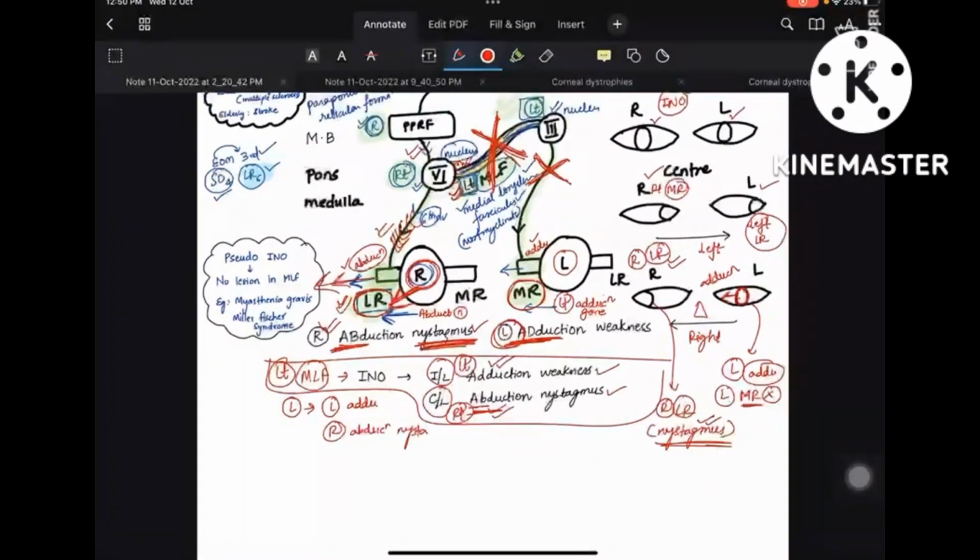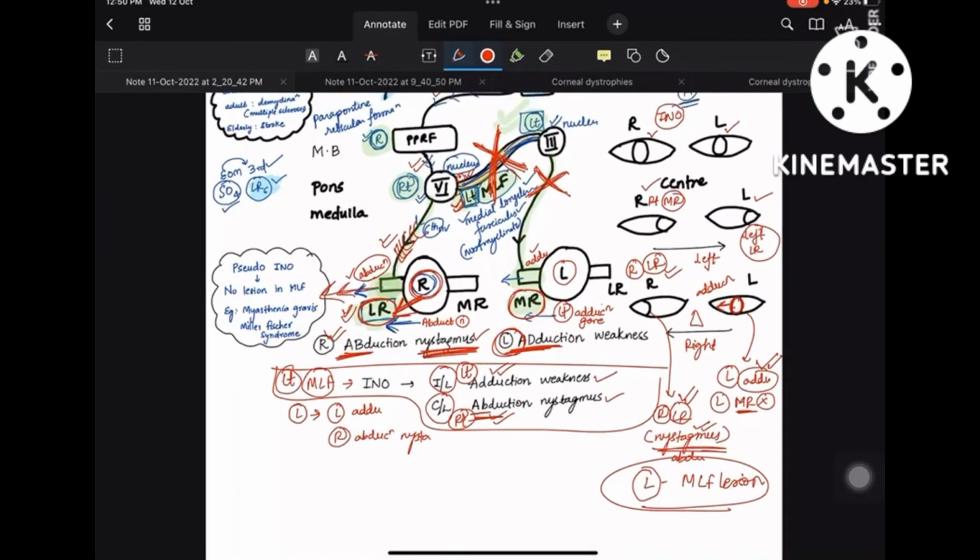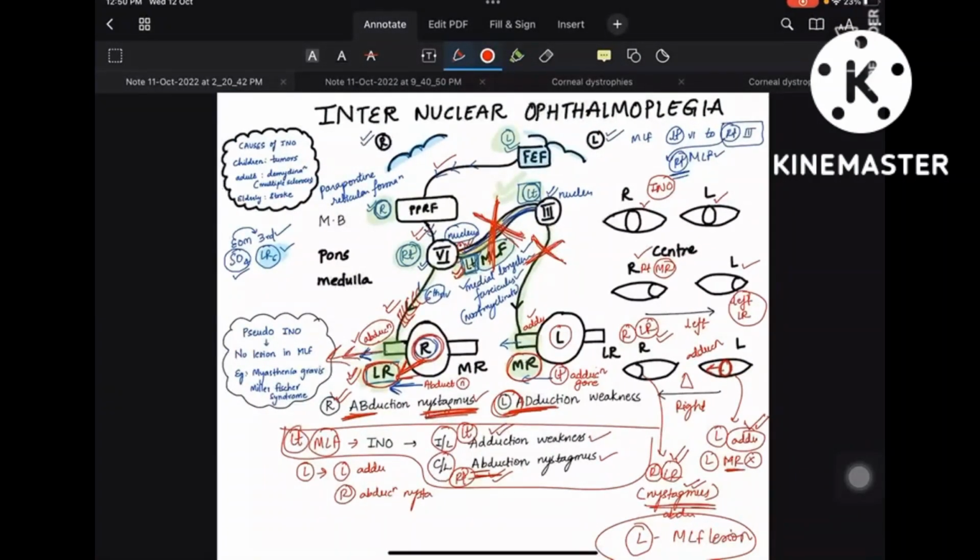So here you can conclude that this is a left MLF lesion because of ipsilateral adduction weakness and contralateral abduction nystagmus, right? So this is a left MLF lesion. I hope the point is clear now. Whenever there is a lesion of MLF, you call it internuclear ophthalmoplegia.